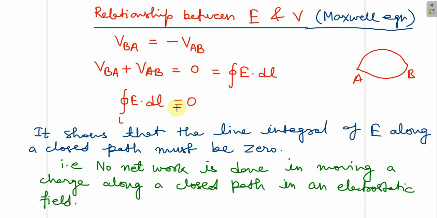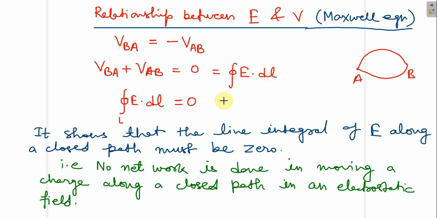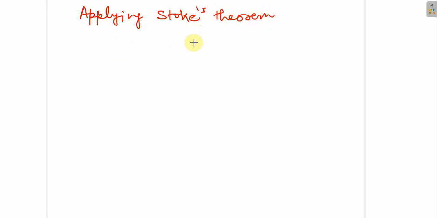Now let's move further to complete this derivation to determine the relationship between E and V. Let us suppose this is equation 1. Applying Stokes theorem, you might be remembering it. Let's recall: what is Stokes theorem?